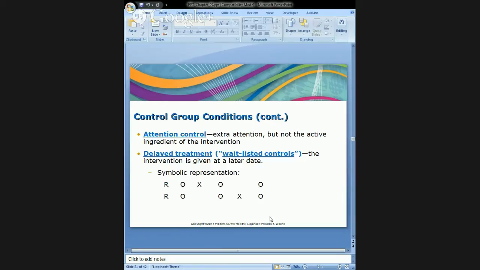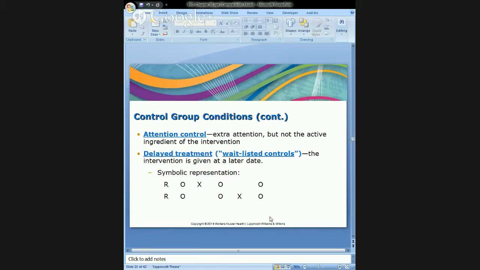The outcome of those studies was that there was no difference between the intervention and control group, but it was the attention that they received from the nurse that led to better outcomes.